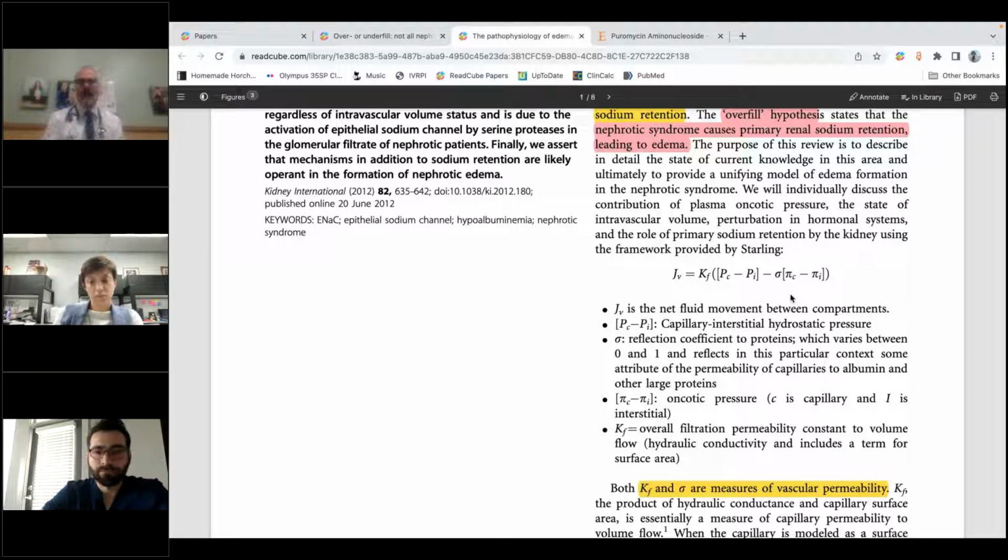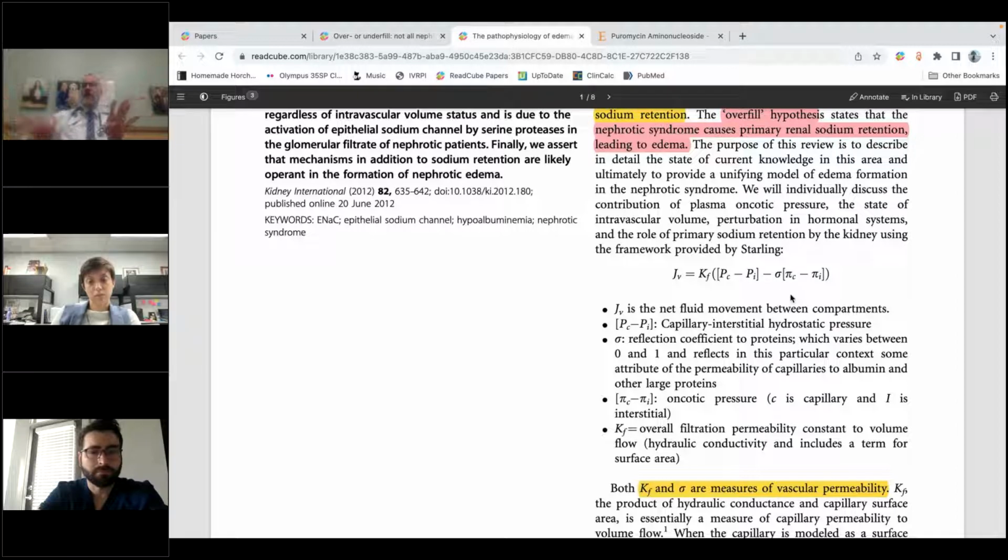And then we have the gradient between the capillary and the interstitial hydraulic or hydrostatic pressure, minus the difference between the plasma and the interstitial oncotic pressure. And then they also introduced the factor of rho, which is the reflection coefficient. If you think about it, most proteins are negatively charged.